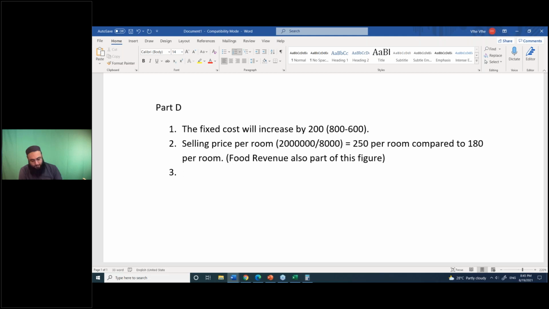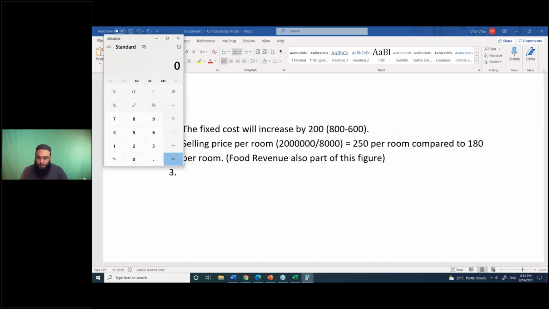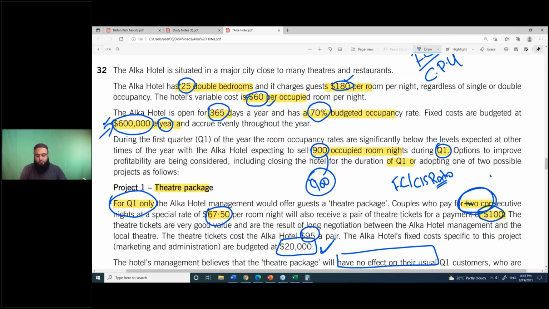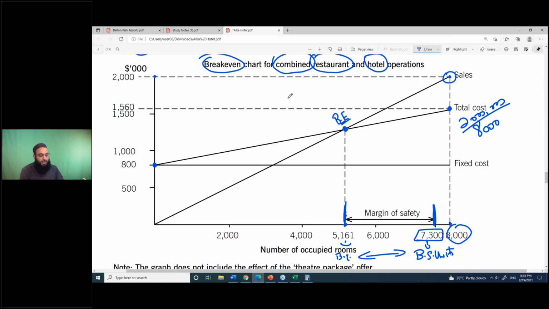Then third, if you observe from the graph, you are given with a total cost as well. Okay, so total cost includes fixed and the variable. Fixed is clear, 800,000. So how much is the variable?